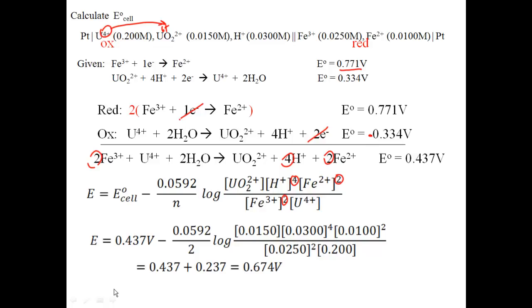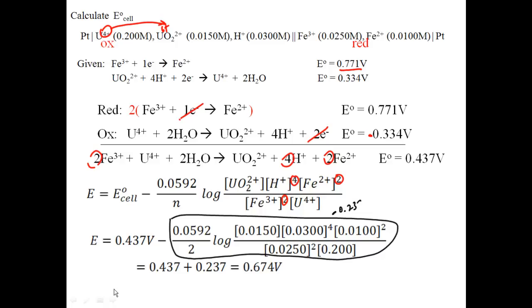My iron 2 is 0.01 to the 2nd power. My iron 3 is 0.025 to the 2nd power. And my uranium 4 is 0.2. Mathematically, if I take all this, doing my concentrations, multiplying first, taking the log of that value, multiplying it by 0.0592 and dividing by 2, that value is a negative 0.237 volts.